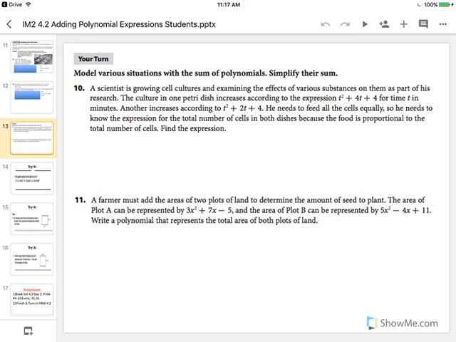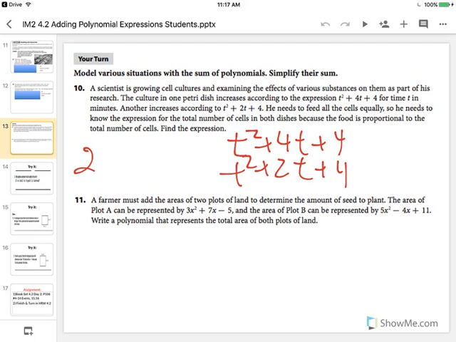Another increases according to t squared plus 2t plus 4. He needs to feed all the cells equally, so he needs the expression for the total number of cells in both dishes, because the food is proportional to the total number of cells. Find the expression. So we have t squared plus 4t plus 4 and t squared plus 2t plus 4. When we add those, we have an expression of 2t squared plus 6t plus 8.